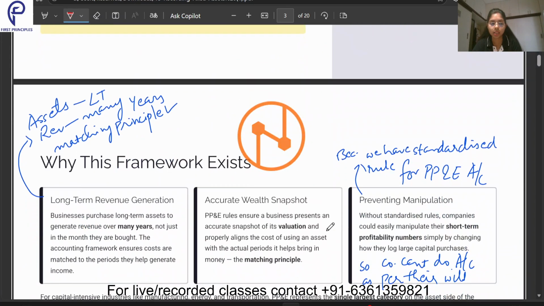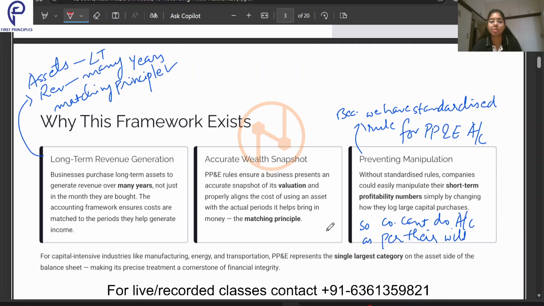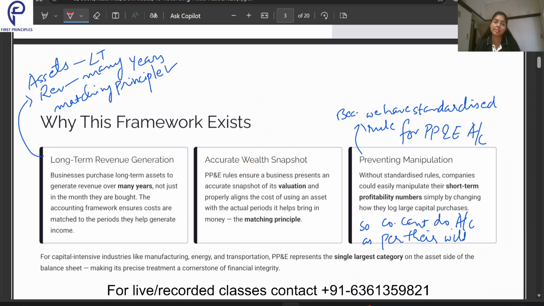Moving on now. Why do we have this particular framework? First of all, assets which we buy, like property, plant and equipment, are for a long-term period, more than 1 year. They are going to help us generate revenue for many years.